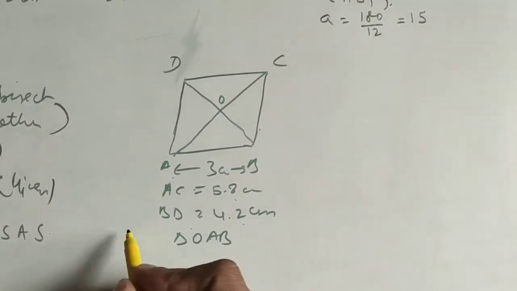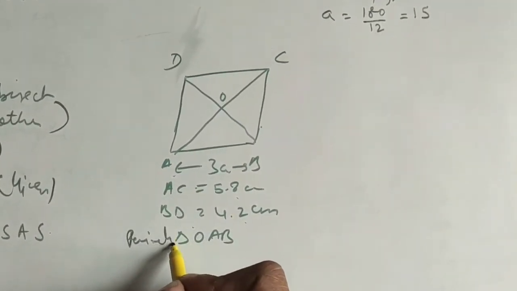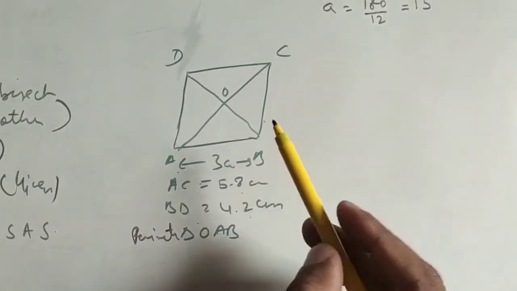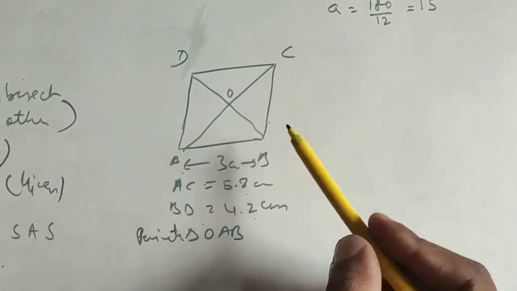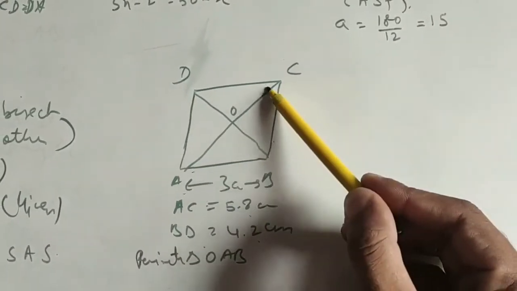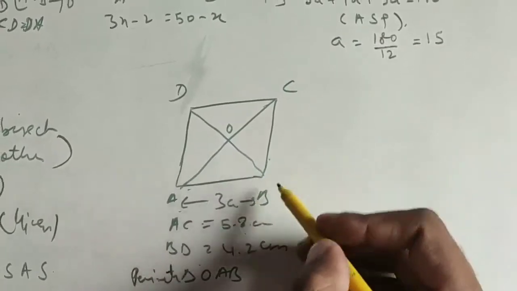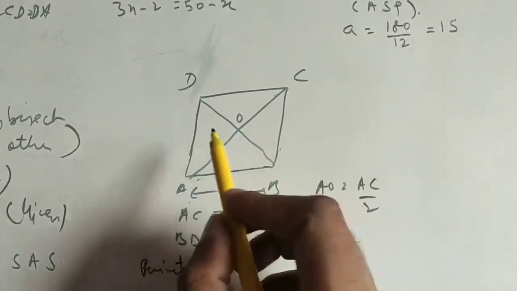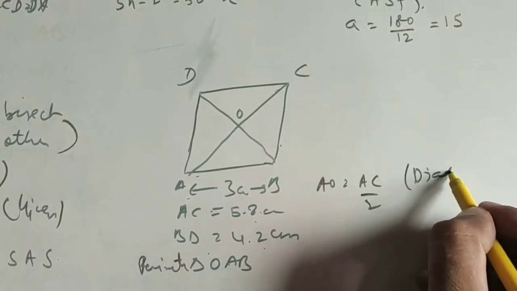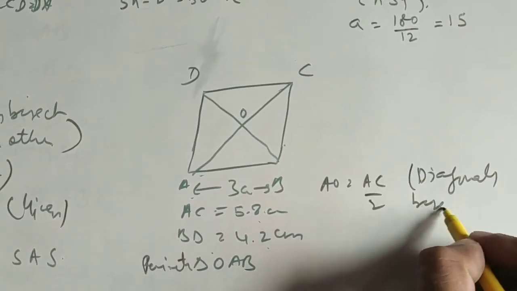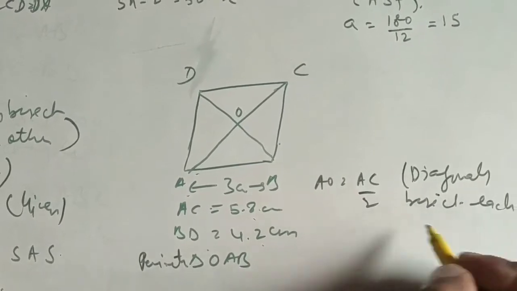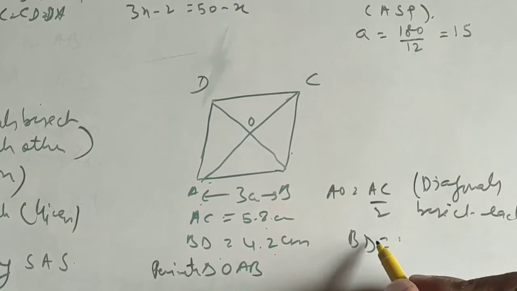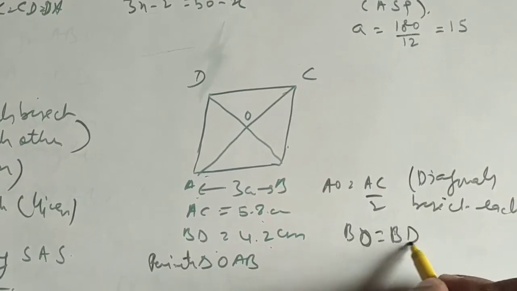We need to find out the perimeter of triangle OAB, and we know that perimeter is the sum of all sides. So now listen, AC is 5.8. So AO will be AC by 2 because diagonals bisect each other. So AO will be AC by 2, and BO will also be BD by 2.